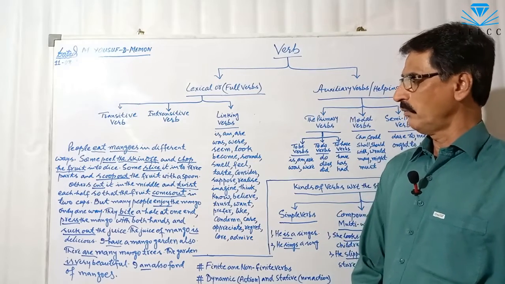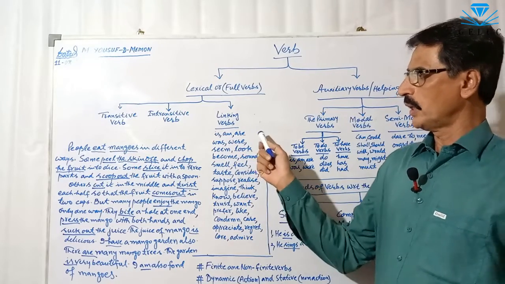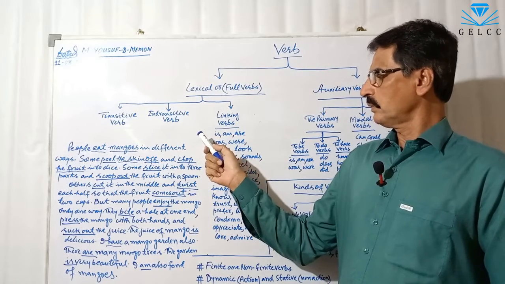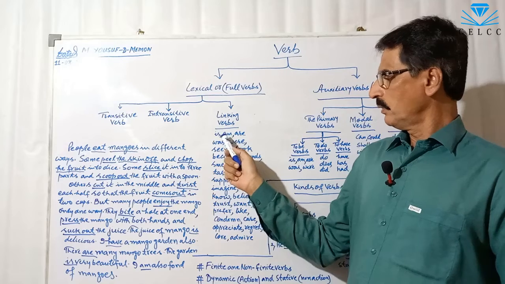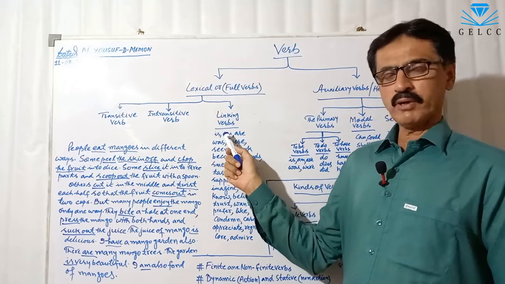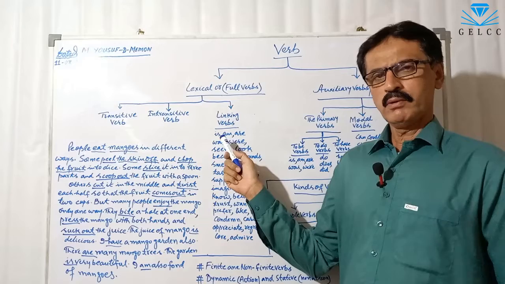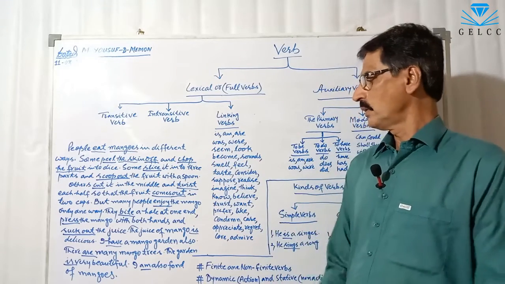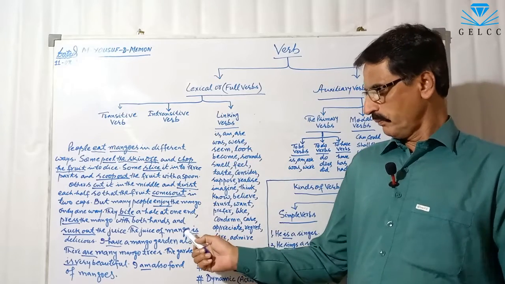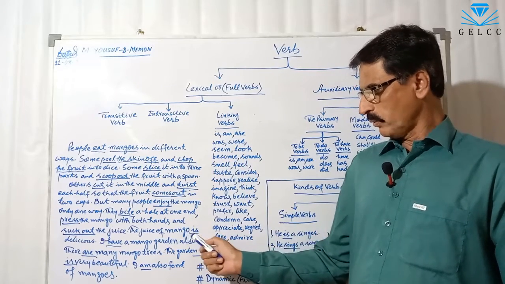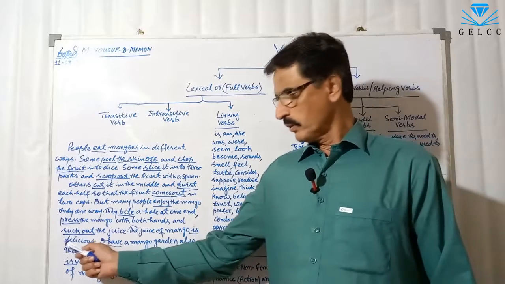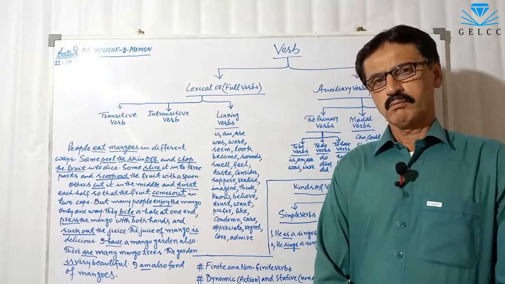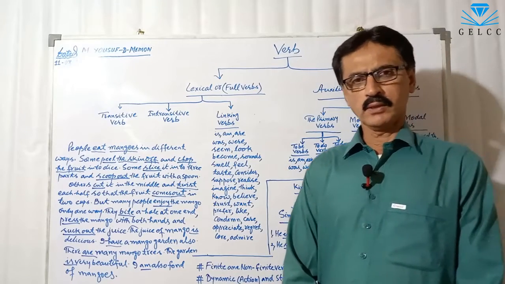Now, linking verbs. These are the verbs which link the sentence. Means these are the verbs which have a complement to complete the sentence. Is, am, are. Here, mango is delicious. The word delicious is a complement. So is is a linking verb.